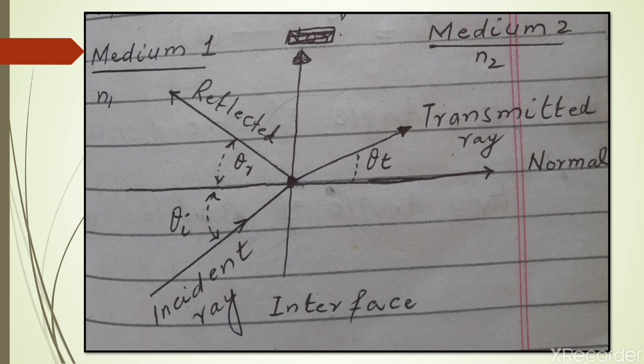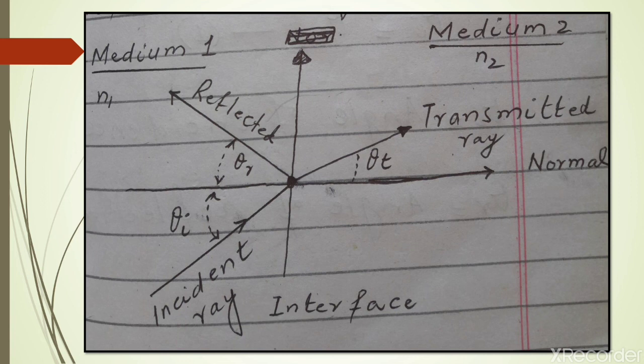On the left hand side, we have got medium number 1. The refractive index of medium number 1 is N1. On the right hand side of the interface, we have got medium number 2, and the refractive index of medium number 2 is N2.